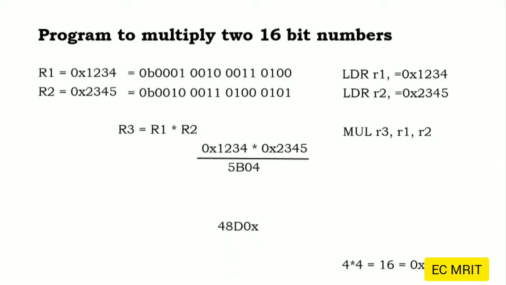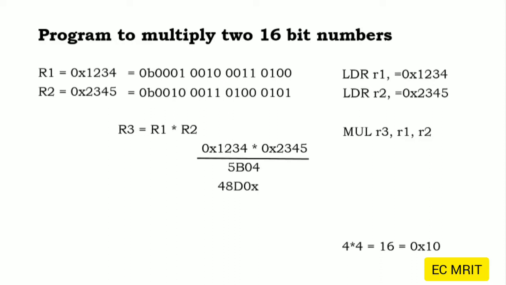Next, we'll multiply 4 into 4. That is 16, so we'll get the hexadecimal value 10. We'll keep 0 and mark 1 as a carry on the top of 3. Similarly, 4 threes are 12. 12 plus 1 is 13, that is equivalent to D. Similarly, 4 into 2 is 8, we'll directly write 8.